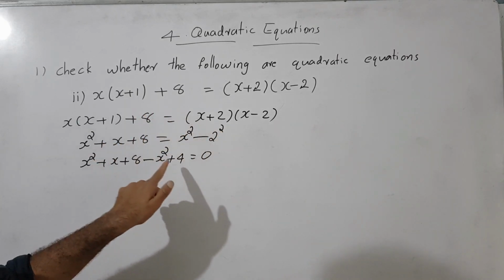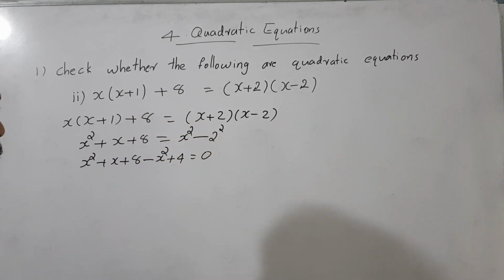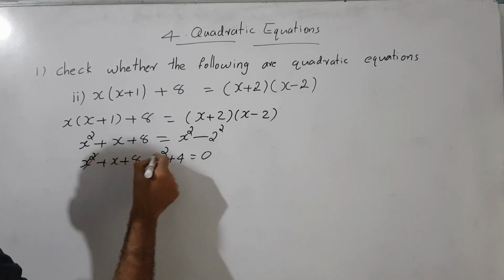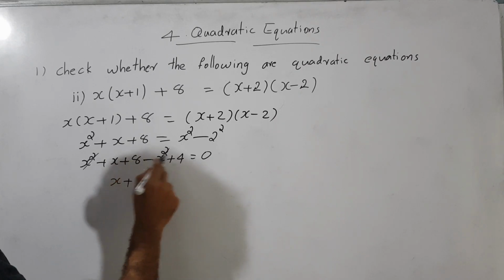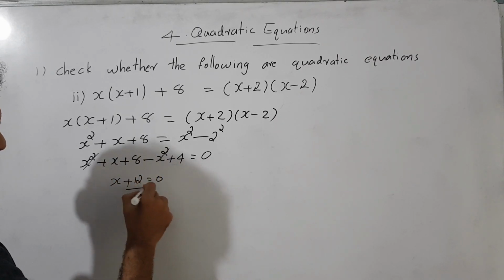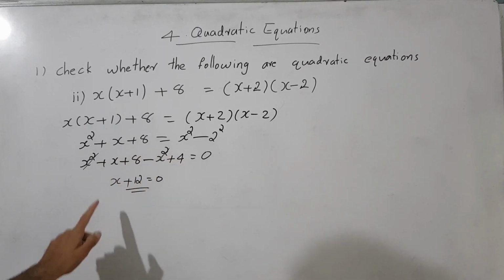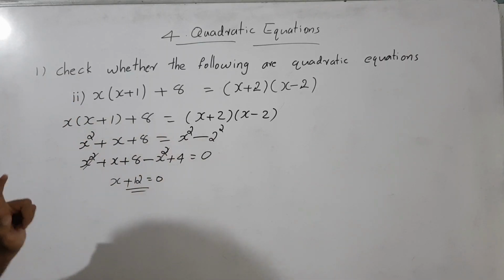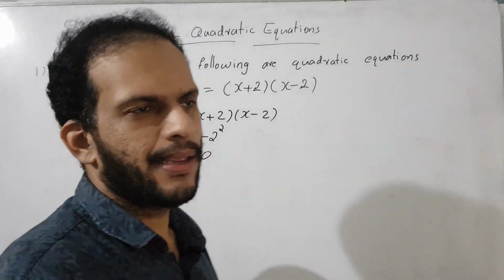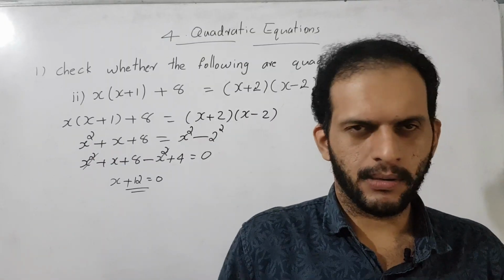That minus 4, when transposing, what does it change to? Plus 4. Then x square minus x square is 0. Then what is remaining? x plus 12 is equal to 0. Now it is very clear this is not in the form of a quadratic. Why? Because the second degree term is not here. Correct.